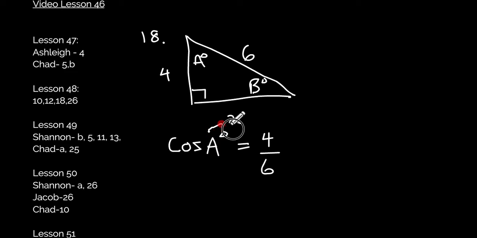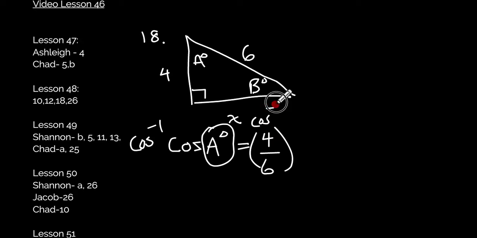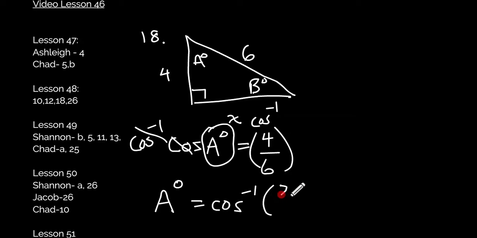Now to get the angle, this is kind of different. Anytime you want to get the angle, you're basically taking the inverse cosine of both sides. If we think of it kind of as a negative exponent, these are going to cancel out. So we get A degrees equals the inverse cosine of 2/3.